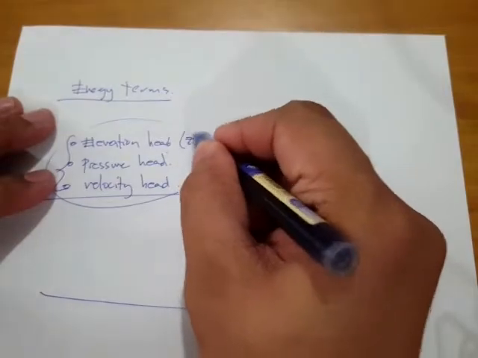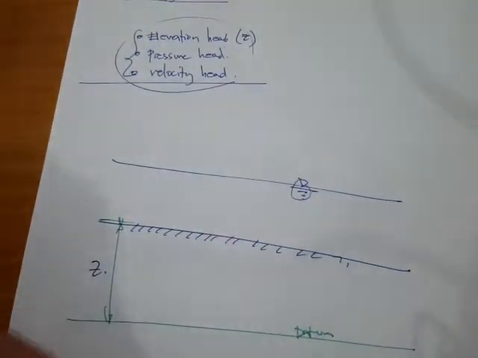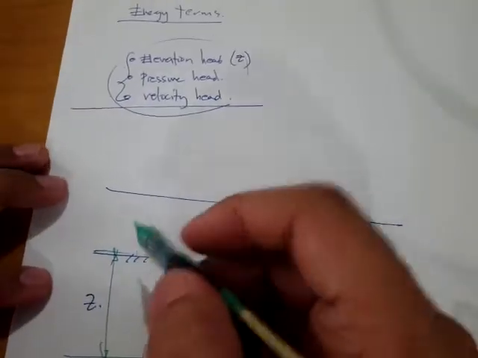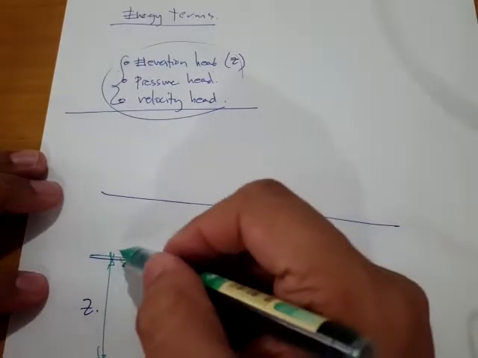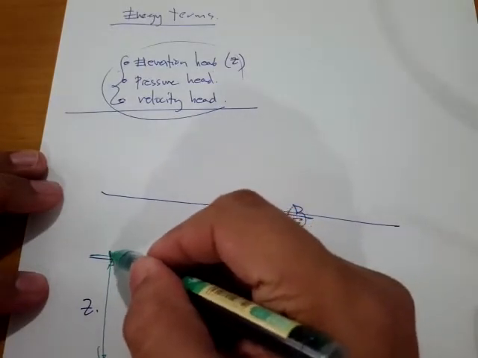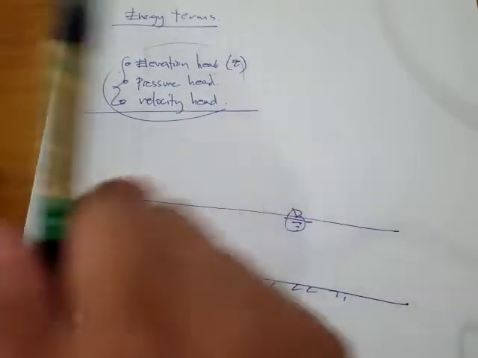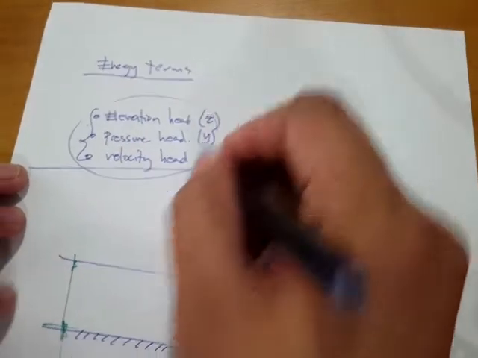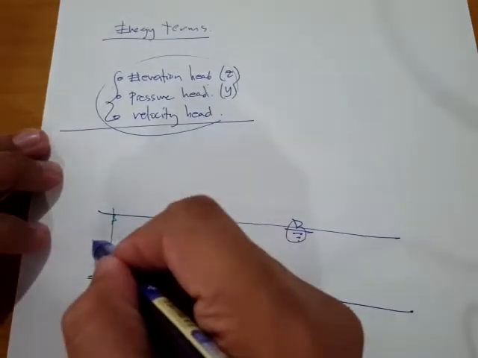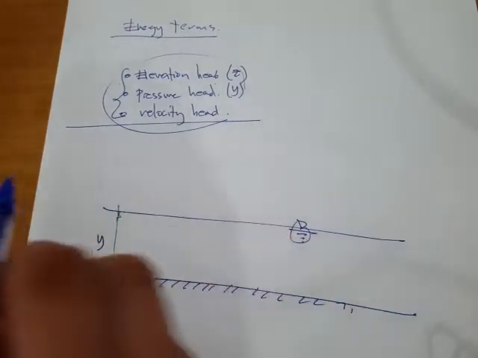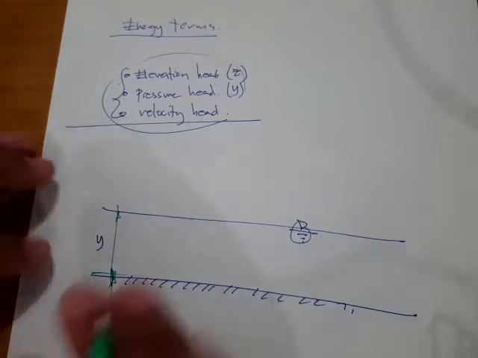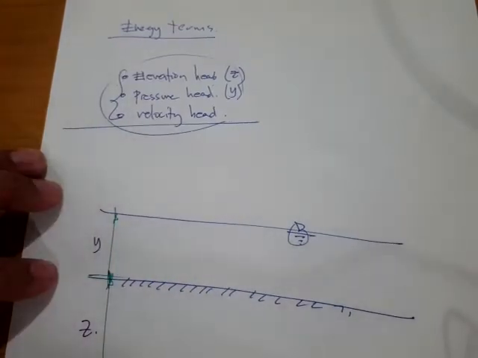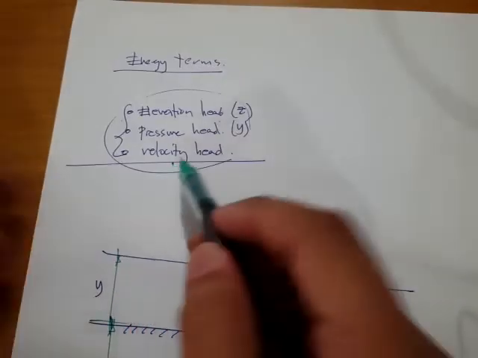So let's say here's the Z, and the pressure head is the energy term from the bed bottom to the top surface. Of course it's just a function of the flow depth, so let's use the symbol Y. And there's still another energy associated with the motion of the fluid, and that's our velocity head.